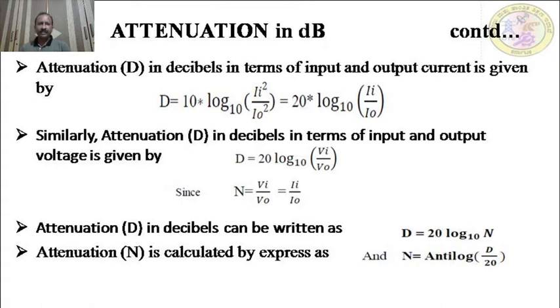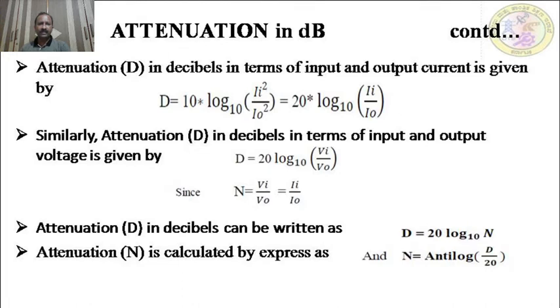Attenuation D in decibel in terms of input and output current is given by D is equal to 10 log base 10 I square divided by I naught square. Mathematically, this expression is equivalent to 20 log base 10 I by I naught.